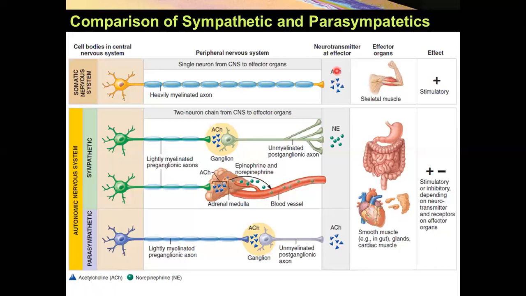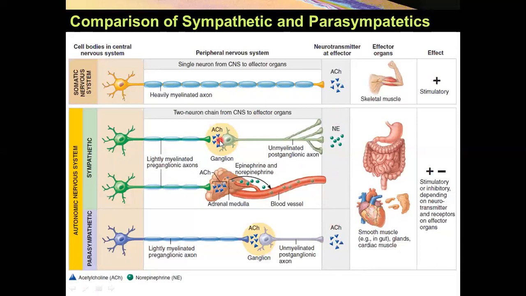Now let's look at the neurotransmitter that somatic and autonomic motor neurons use. Somatic motor neurons, pre-ganglionic sympathetic, parasympathetic, and post-ganglionic parasympathetics all release acetylcholine.